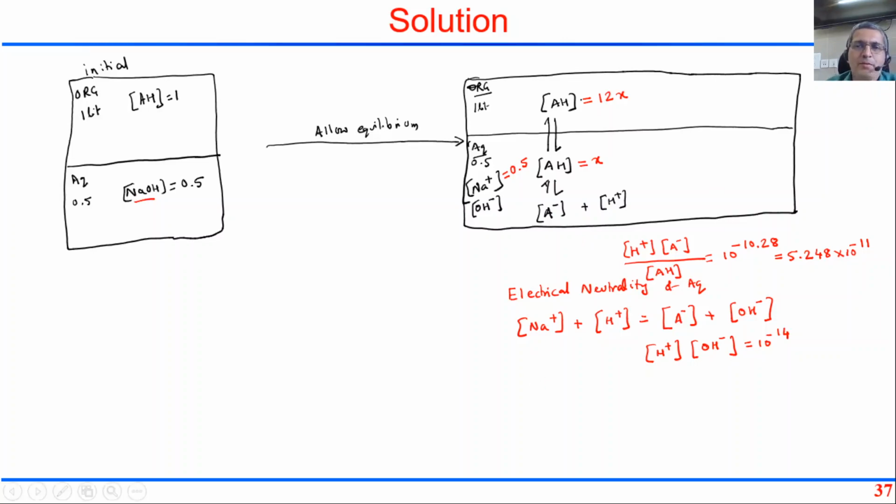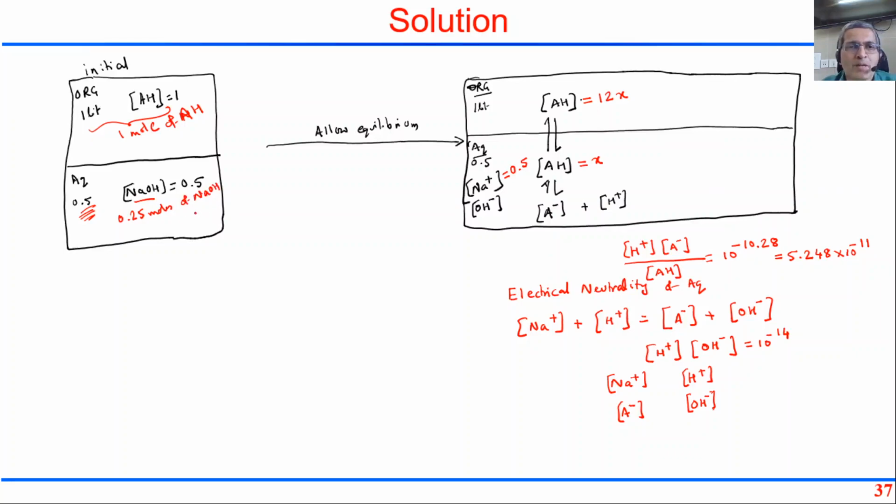Now imagine what can we say about Na plus ions as compared to H plus ions, and what can we say about A minus ions as compared to OH minus ions? So if you take a base which is small in amount, say I have 1 mole of AH, whereas I have only 0.25 moles of NaOH.